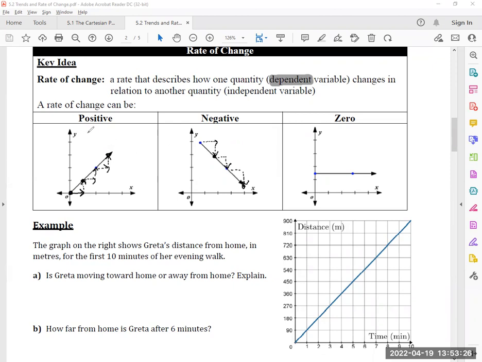So you can say y value is increasing. Here, y value is decreasing. And I said before, the y value is neither increasing nor decreasing. The rate of change is 0.